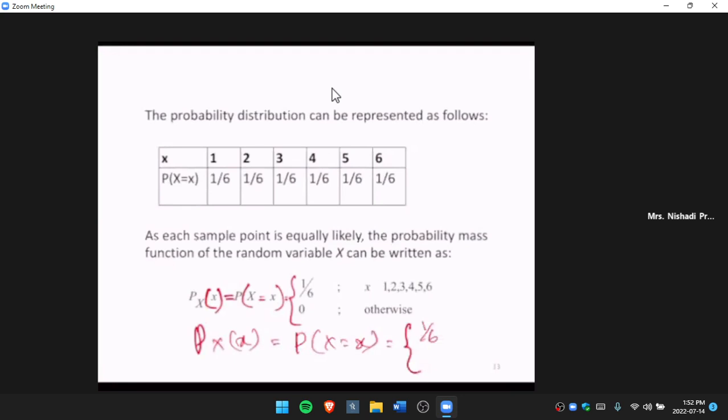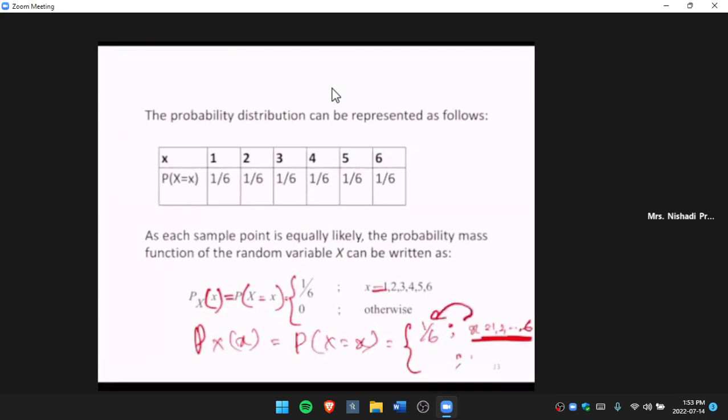But when you write that function, you have to write the domain as well. That means the values of the random variable. So x can be either 1, 2, up to 6. But we have to define another thing. What is that? When the random variable x takes these values 1, 2, 3, 4, 5, 6, the function becomes 1 over 6.